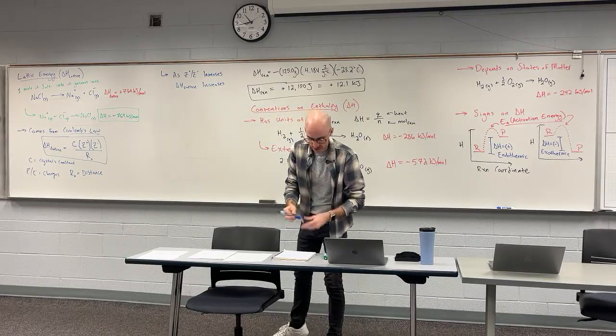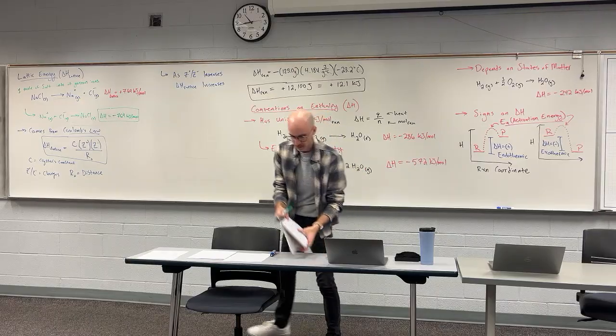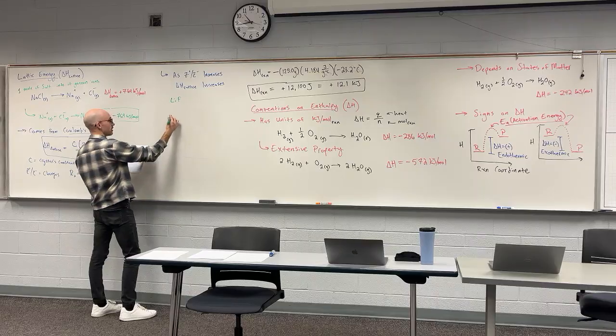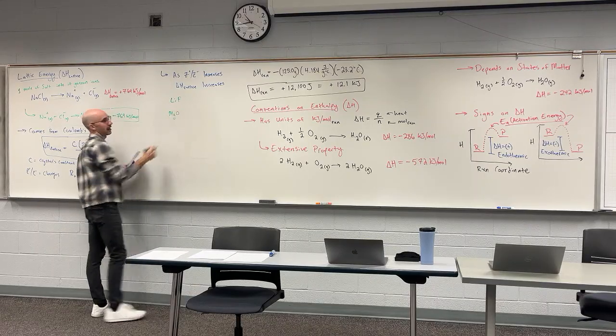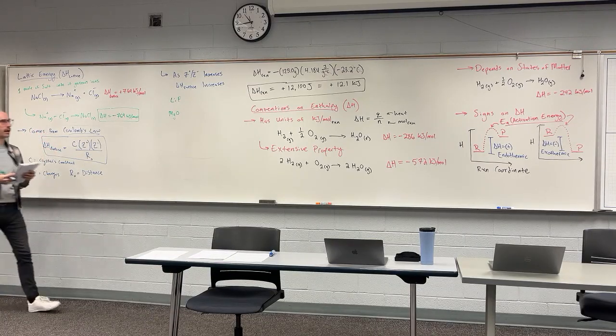We can look at some examples. Lithium fluoride, LiF, versus magnesium oxide. I'm comparing a +1 -1 ionic compound to a +2 -2 ionic compound.